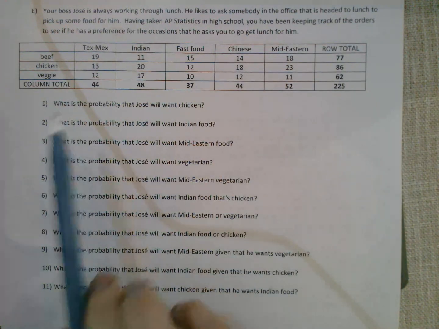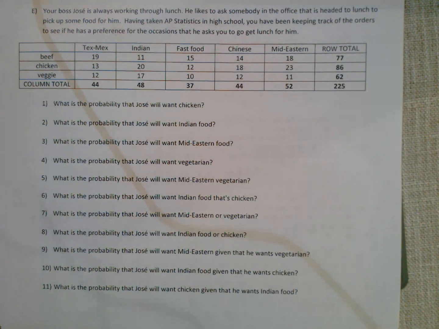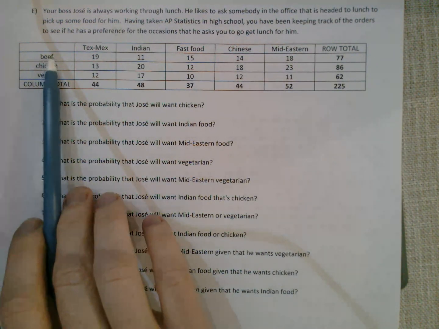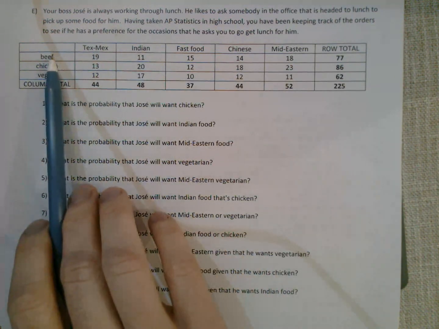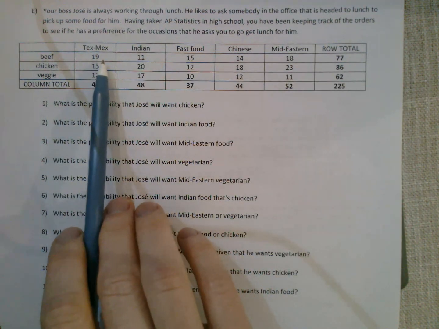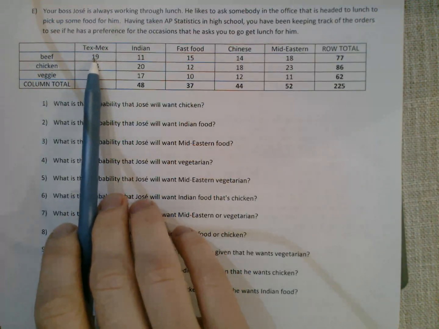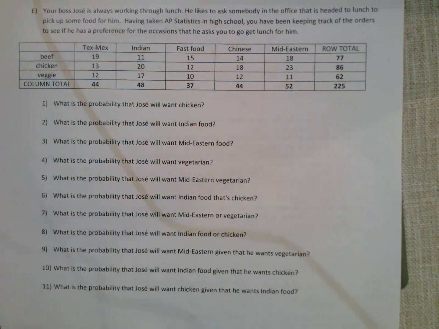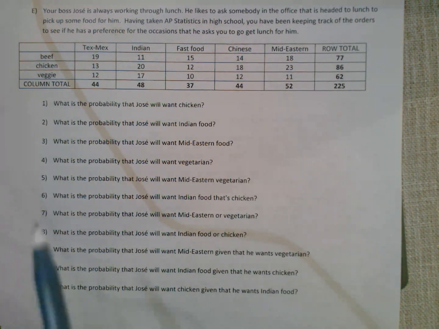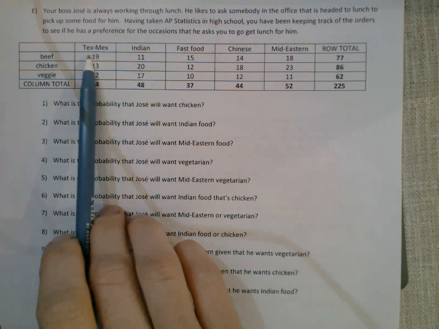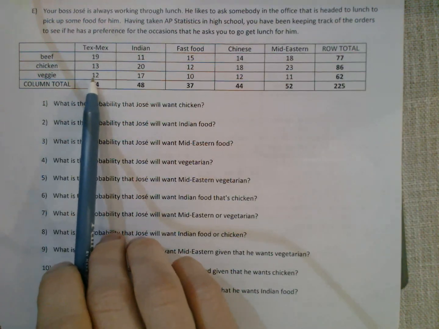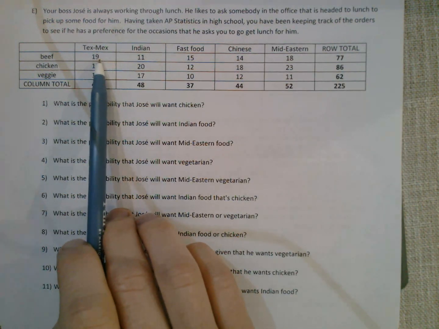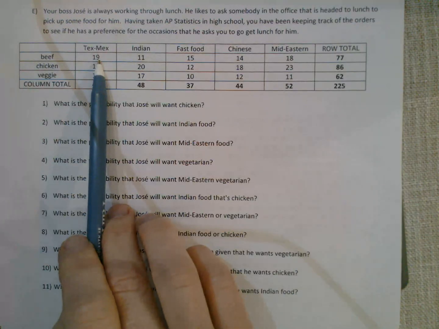I'm going to point out a couple things about how the two-way table is set up, and then we'll dive into answering all 11 of these probability questions. So the way that this two-way table is set up is that each cell just displays counts. So number of meals, if you will, in this one. Sometimes probability distributions or two-way tables are already converted into probabilities.